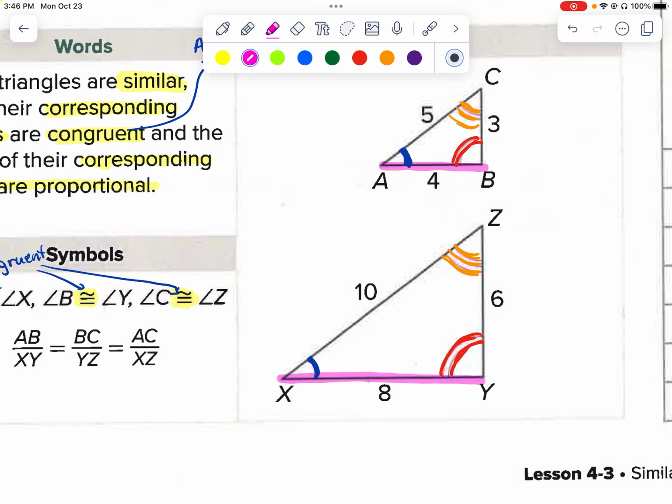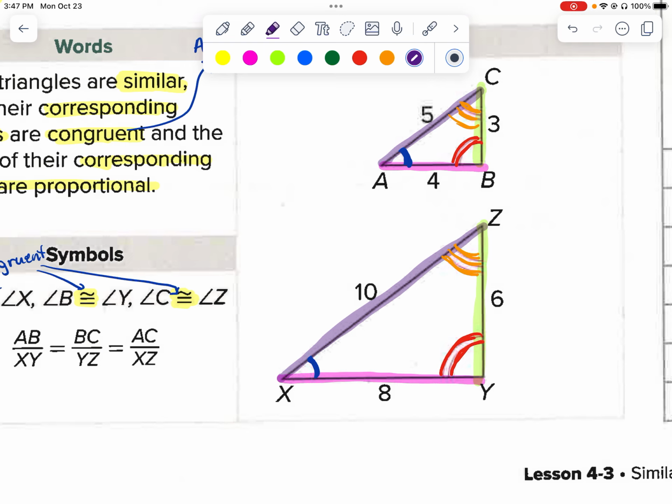So those are the corresponding parts. So they put AB over XY. Then it talks about BC. That corresponds to this part right here. And last but certainly not least, I'll do purple. It's talking about AC and XZ. They are corresponding.